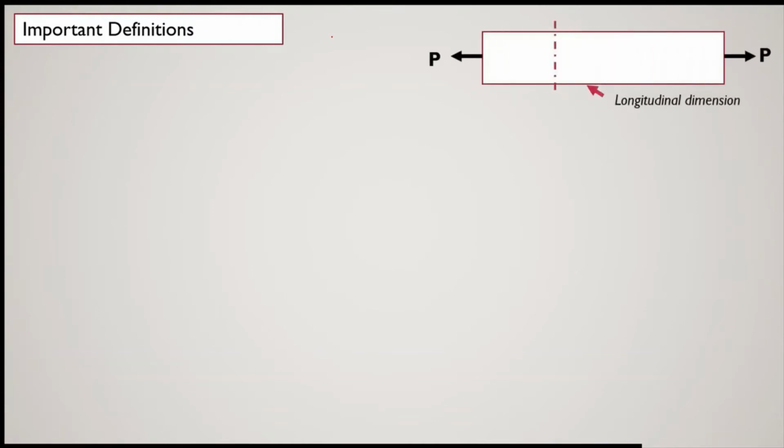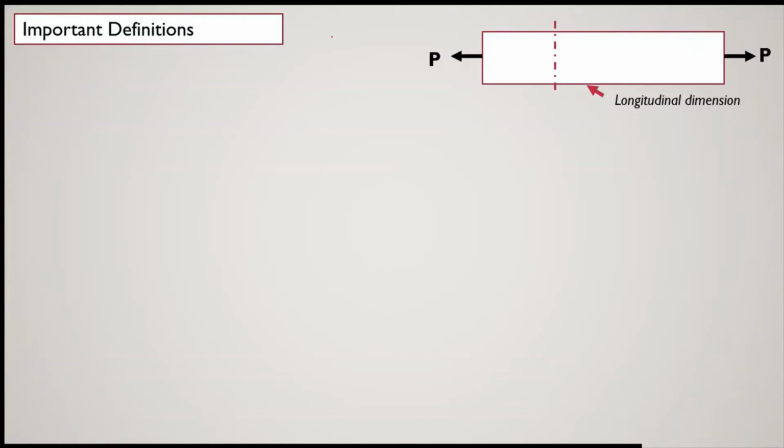These important definitions are very much required to be understood effectively. Now, if you see in this figure, there is a rectangular body. It may be any type of material: steel, concrete, RCC, or wood.